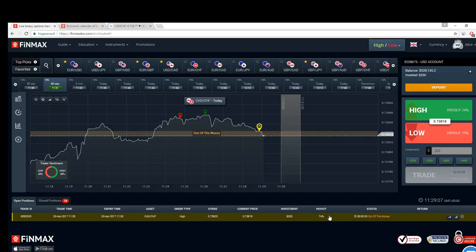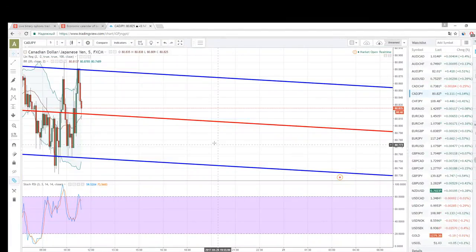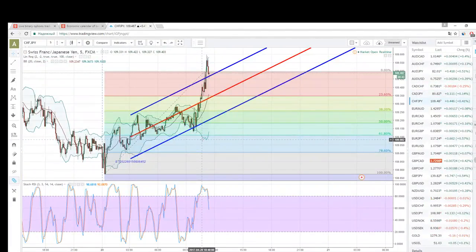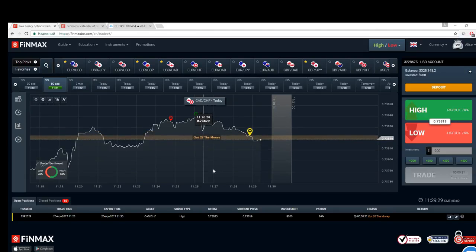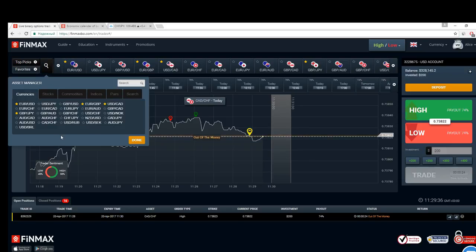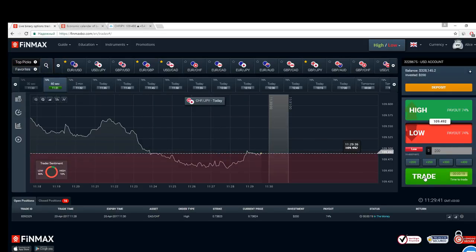Okay, currently only one left open. Swiss franc to Japanese, for 1 minute for low.